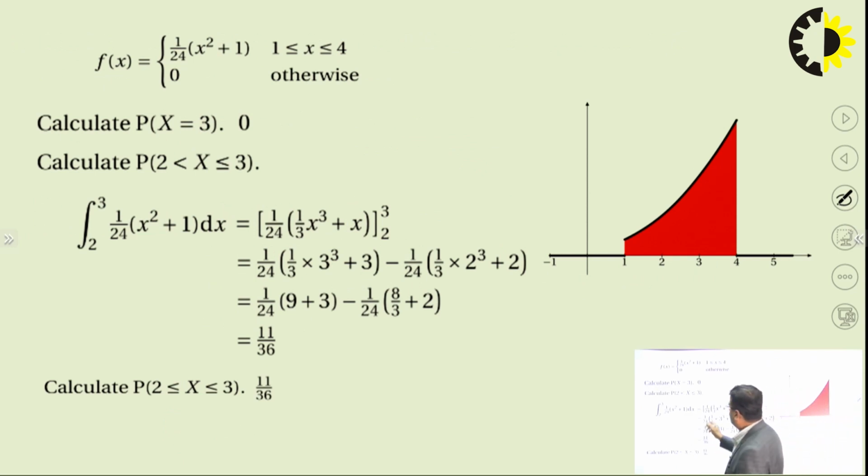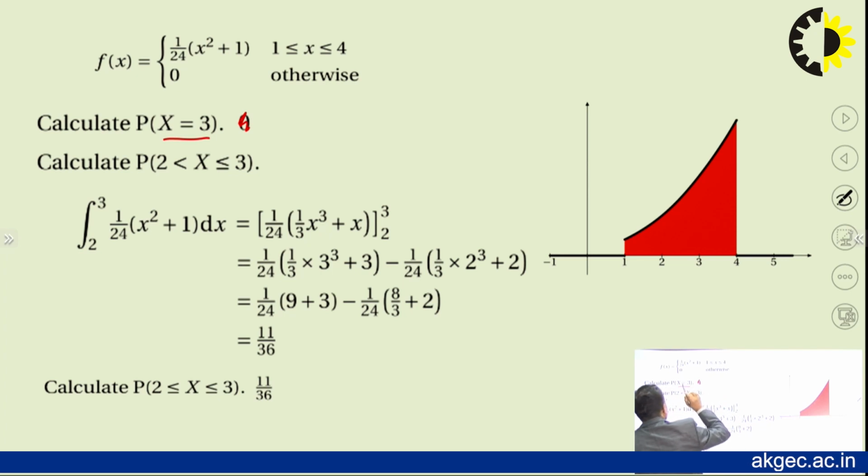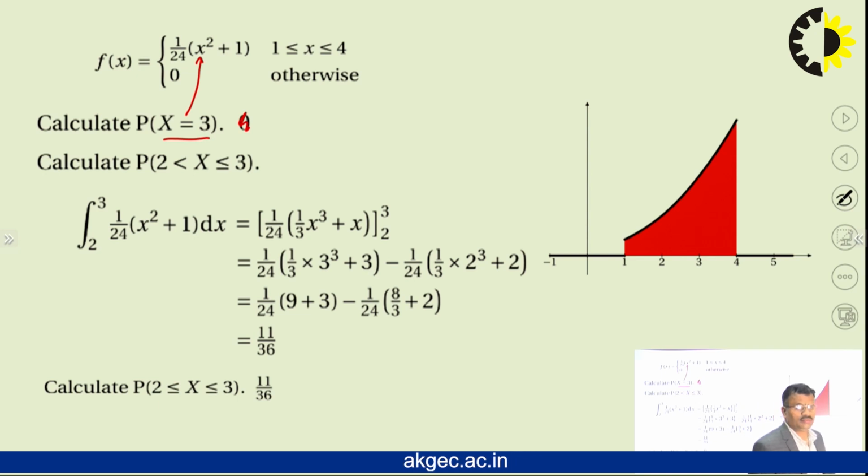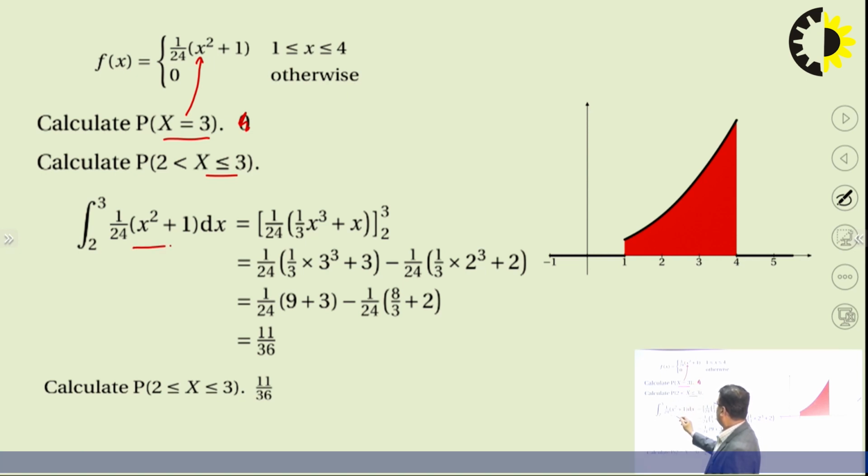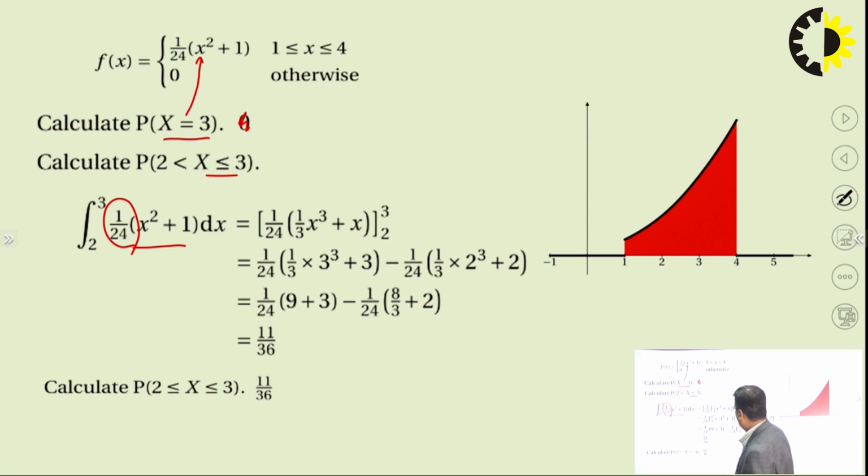Now, if you want to calculate for 2 to 3, because you now have the value of k, you can write it in the same expression and you will get the value. Similarly, you can easily calculate the probability at different points, as asked in the question.